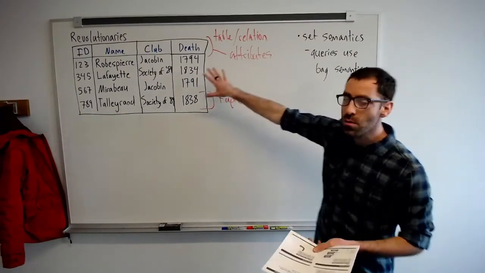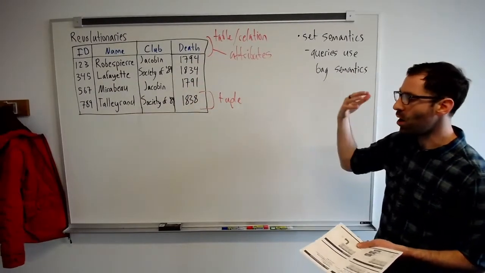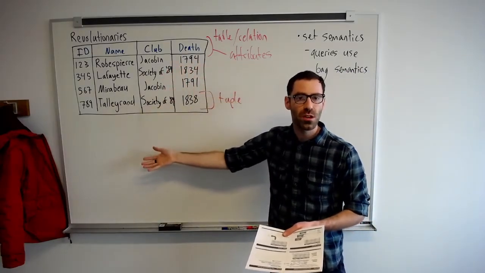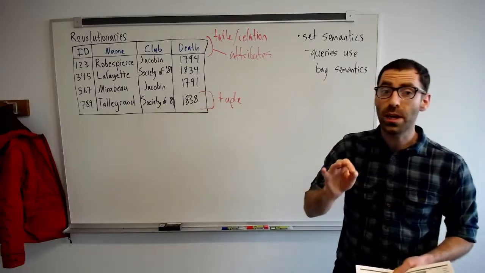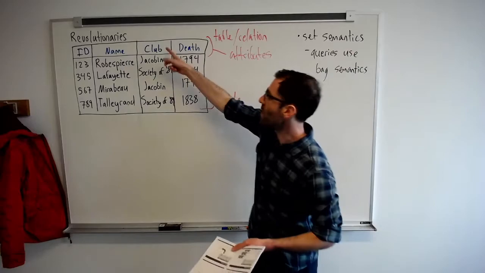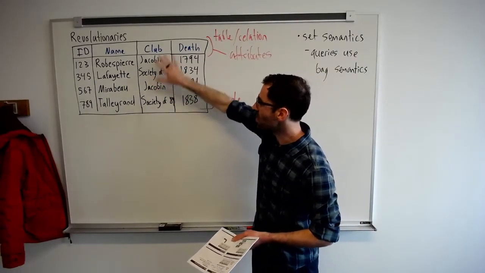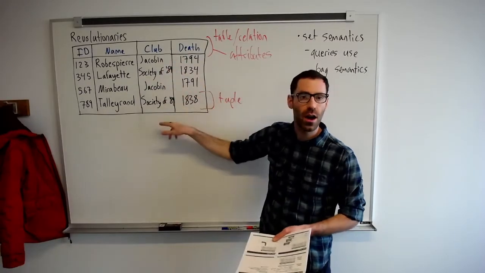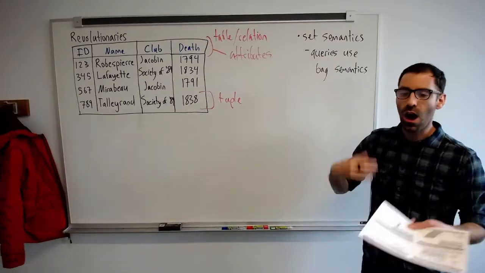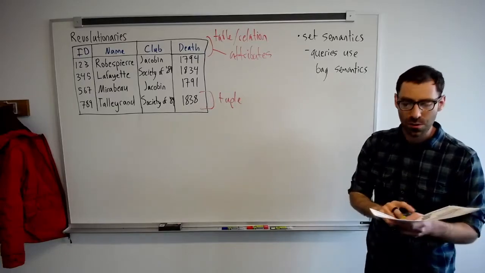So our tables have to have tuples that are all unique, but when we run a query and we get some subset or transformed set of tuples out of the table, those may not all be unique. For example, if we extracted the information on the political club from this table, you can see that this would not have all the entries be unique. And so set: unordered, no duplicates; bag: still unordered, but does allow duplicates.